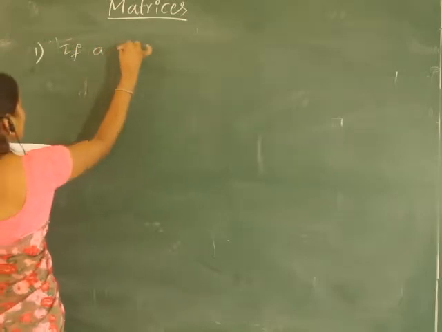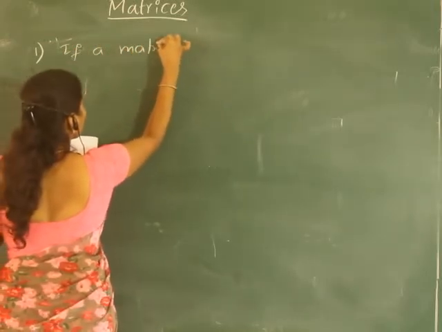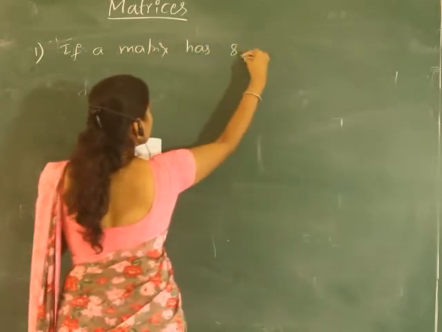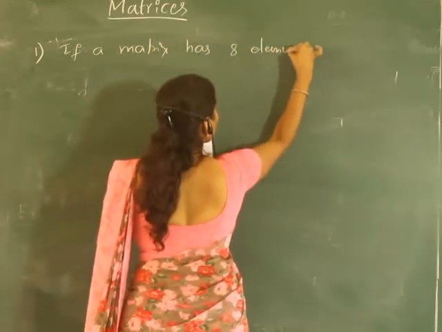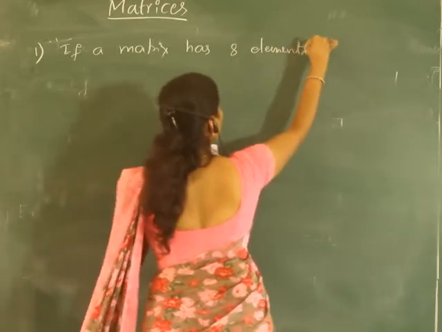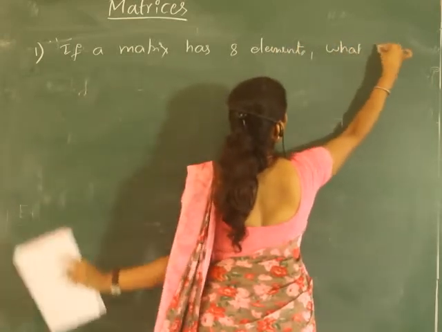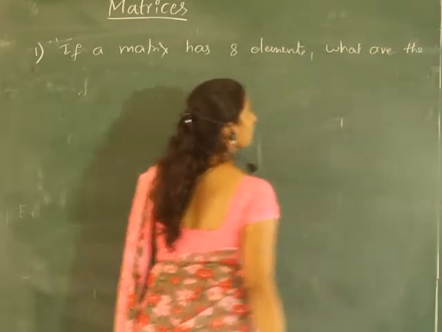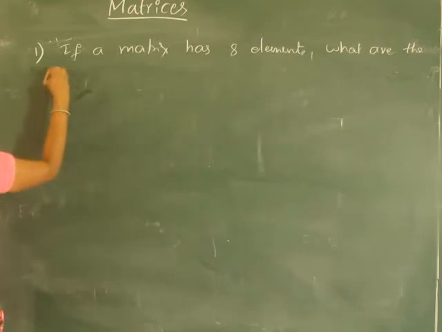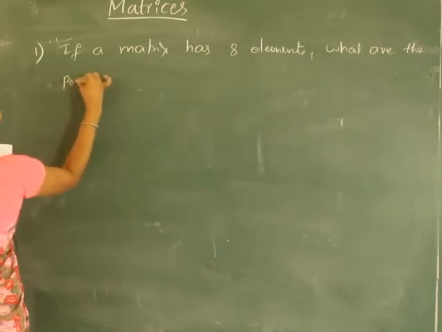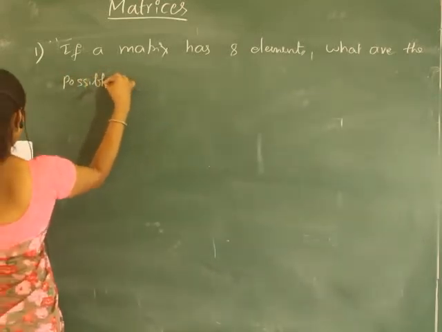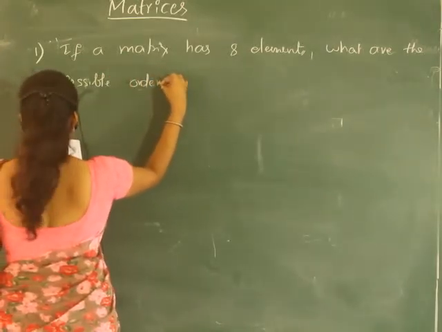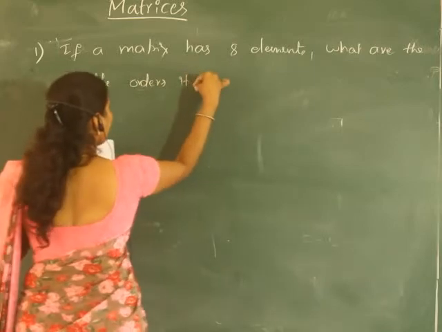If a matrix has 8 elements, what are the possible orders it can have?